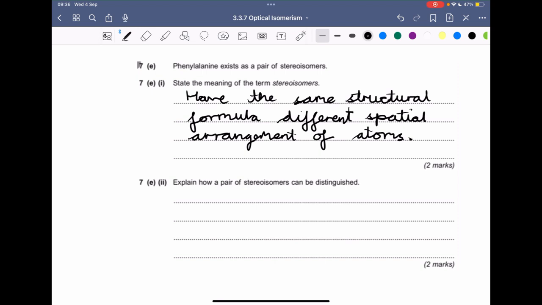Explain how a pair of stereoisomers can be distinguished. Okay, so now if you think back to our concept with the plane polarized light, we know one enantiomer will rotate it in the clockwise direction and the other one will rotate in the anti-clockwise direction. So we just say they rotate plane polarized light in opposite directions by the same amount.